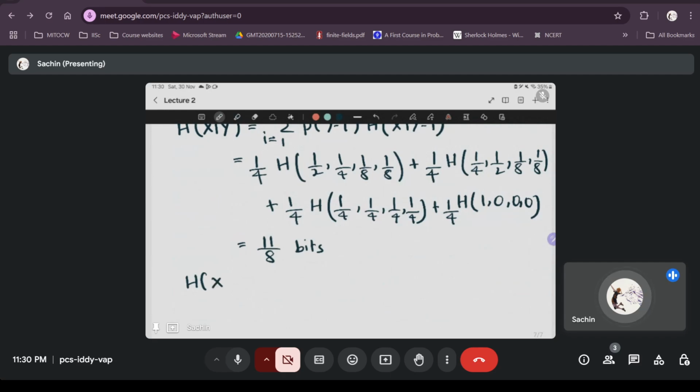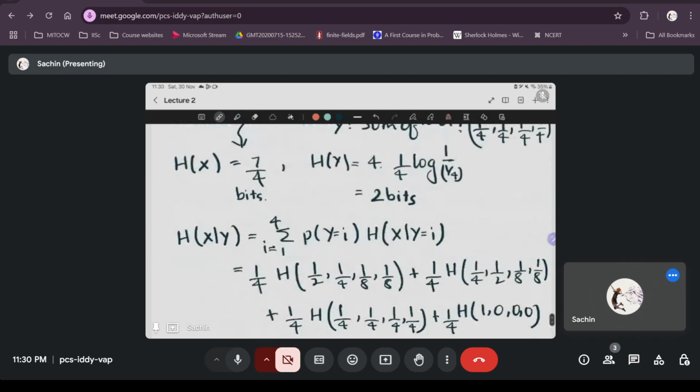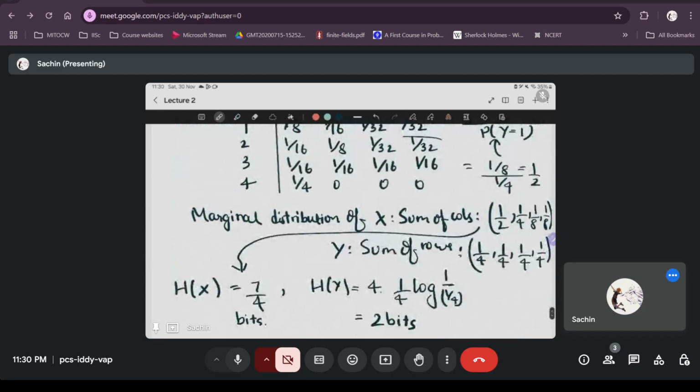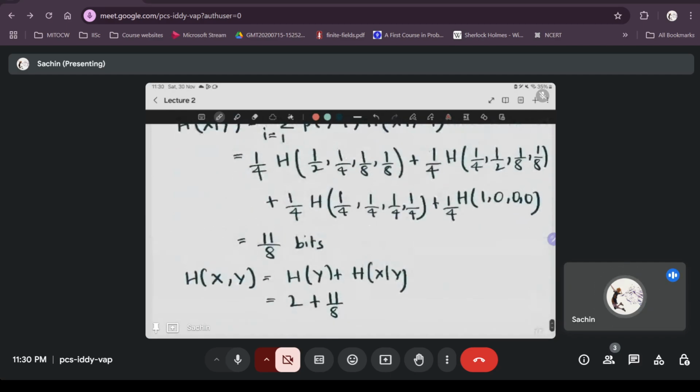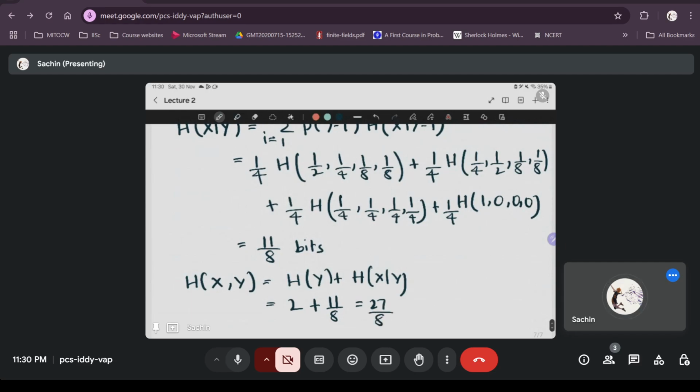Then you can find h of x comma y. What is it? It is h of y plus h of x given y. h of y was 2 bits, so 2 plus h of x given y, 11 over 8. So it is 27 over 8 bits.